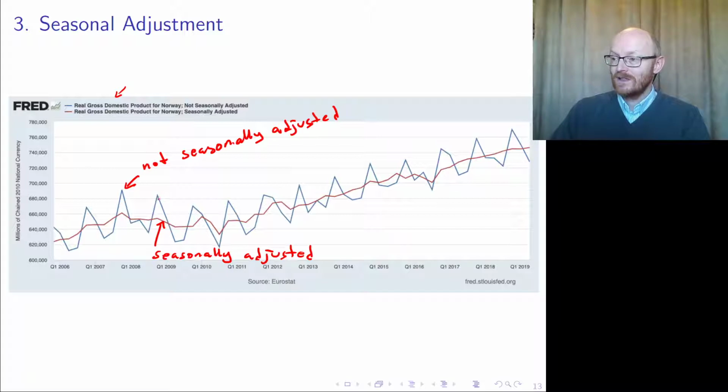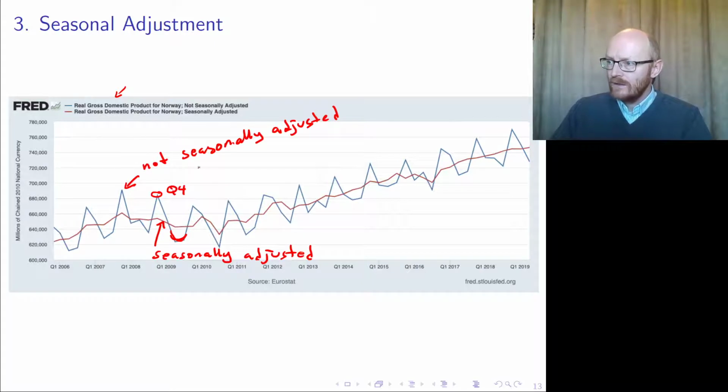Okay, so you get this spike, and then you get the trough here, and this is the 4th quarter. Okay, the seasonal GDP is flattened such that you should only have the trend and the remainder.